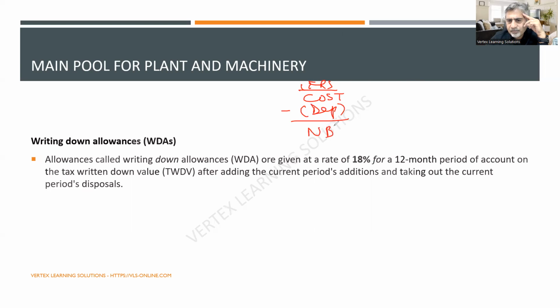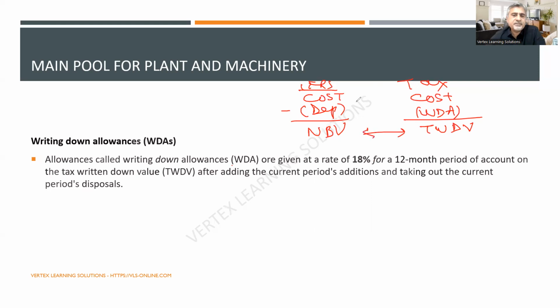Net book value. In my textbooks, I say the cost, and then I have this WDA, writing down allowance or capital allowance. I subtract it, and what do I get? TWDV, tax written down value.